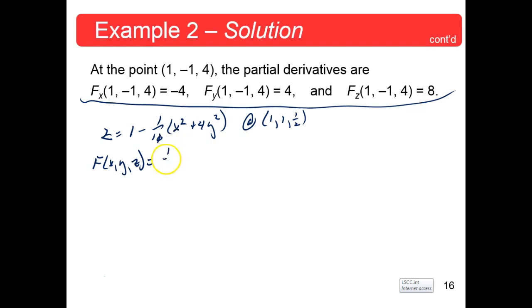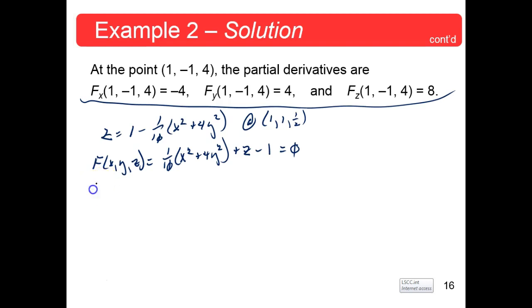I'm going to make this 1/10 x squared plus 4y squared plus z minus 1, because you want that equal to 0. I just don't like messing around with as many negative signs because they tend to trip you up. You move that to this side and then bring the 1 over, that makes it negative.